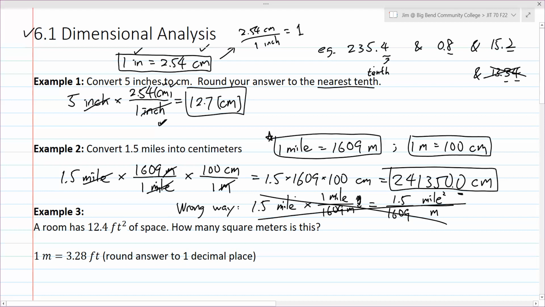You always need to have something on the denominator that divides out the previous unit for you to convert a unit. Make sense? All right, think about the mathematical reasoning instead of just getting things done.